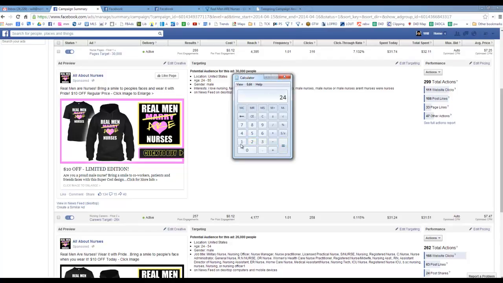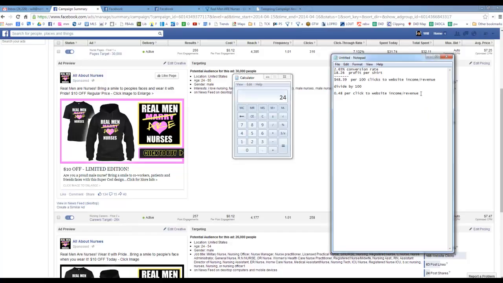So right now with these numbers, we're going to say minus 0.24 per click, or we'll say cost per website click, gives us basically 24 cents.